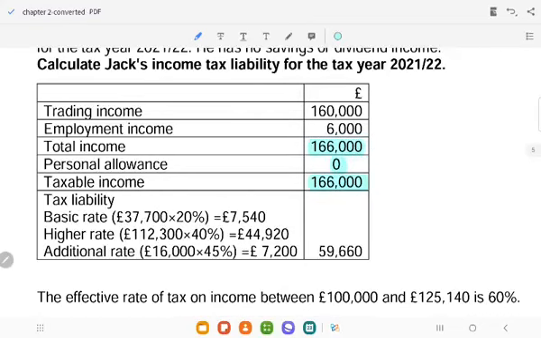Now you have to use the 3 rate bands. Up to 37,700 of income is taxed at the rate of 20%. From 37,700 to 1,50,000, this portion of income is 1,12,300, and it will be taxed at 40%. And above 1,50,000, the 16,000 of income above that will be taxed at 45%.